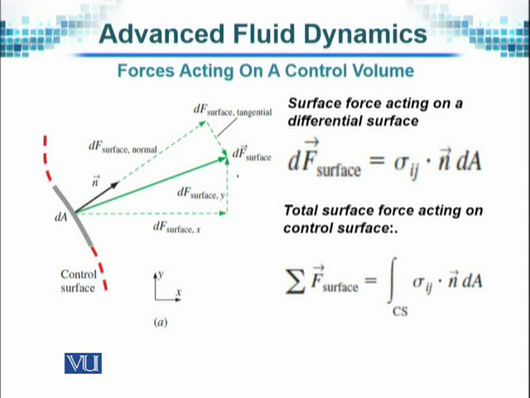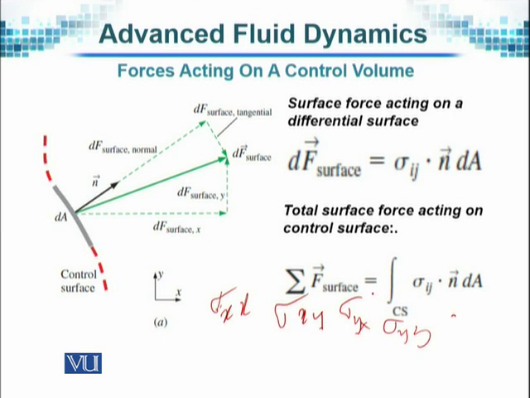The tangential forces are the ones that create the viscous components represented by sigma_ij. In two dimensions they can be written as sigma_xx, sigma_xy, sigma_yx, and sigma_yy, and so on.